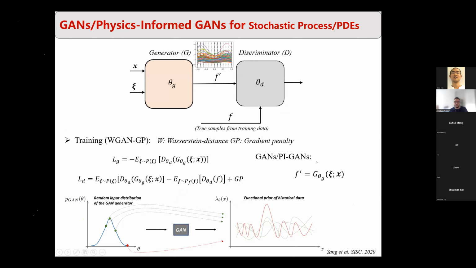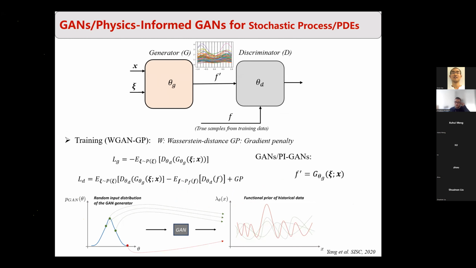So after the training of GANs, we will have a stochastic process represented by a neural network. If we would like to solve a differential equation problem, we can also encode the PDE here using the same idea as in PINNs.